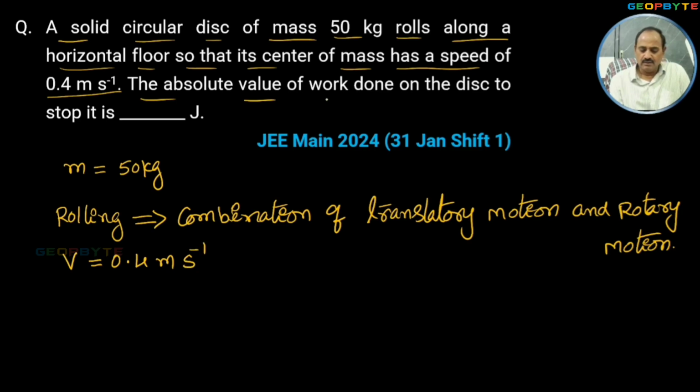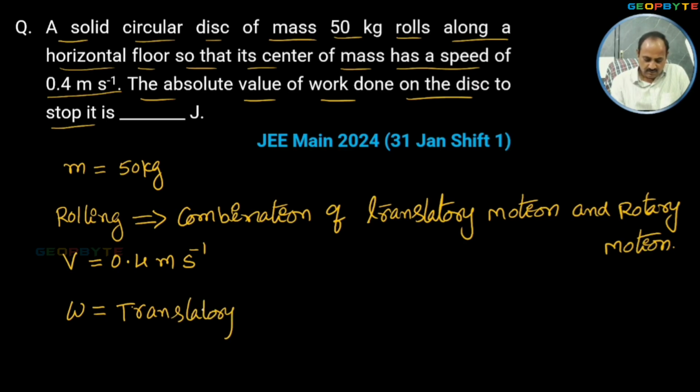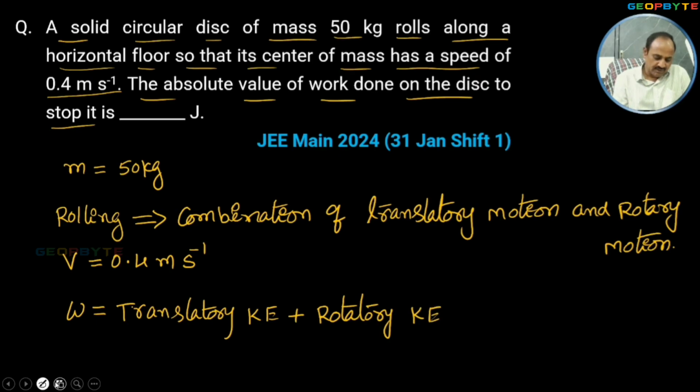The absolute value of work done on the disk to stop it. So here work done to stop the system is equal to translatory kinetic energy plus rotatory kinetic energy, according to work energy theorem.